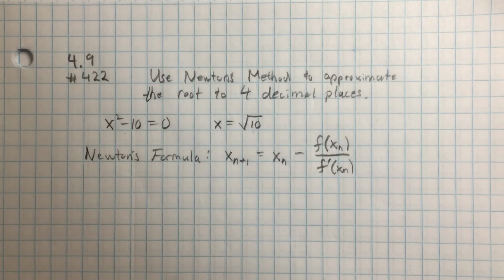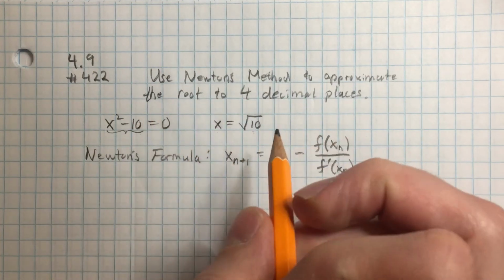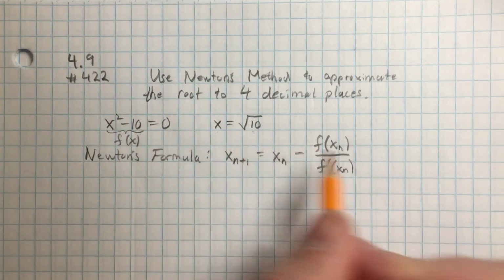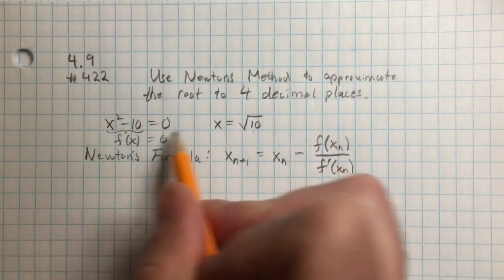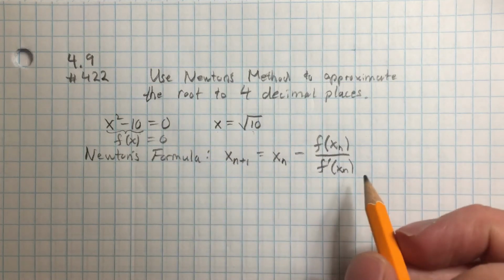Okay? So what we're doing here is we're viewing this as a function. Okay? So this is like f of x in this rule here. We're setting equals 0 to find its roots. Okay? Particularly this root, the positive root of 10.